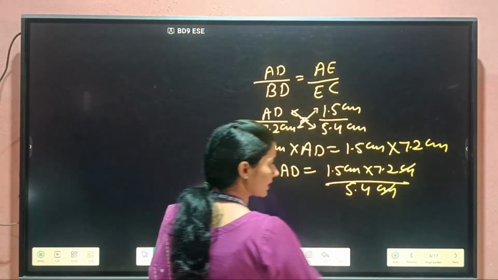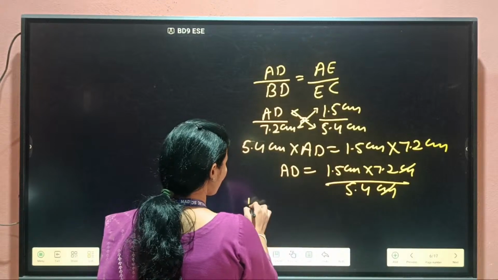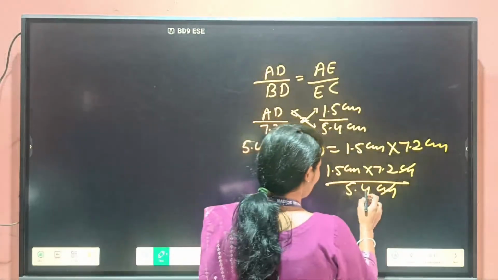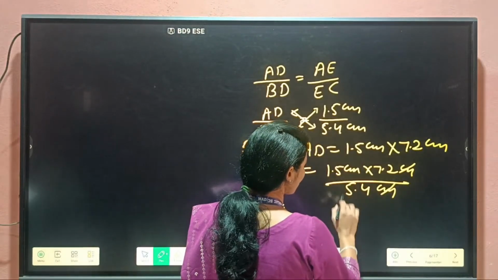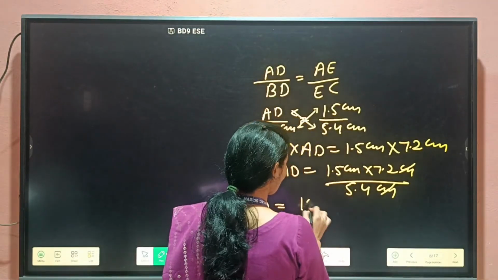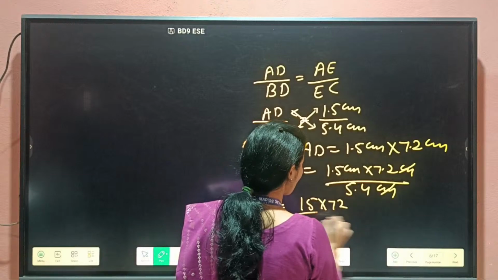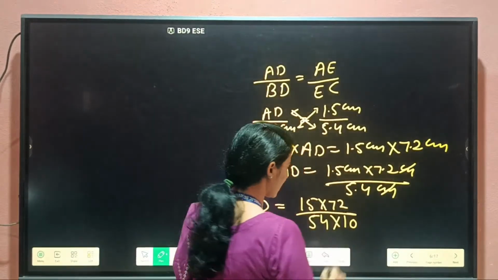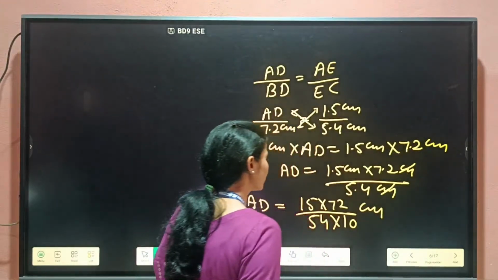Centimeter cancels with centimeter. Remove these decimals, or you will write this is cancel, 15 into 72 by 54, and for this decimal you will write 10 centimeter.